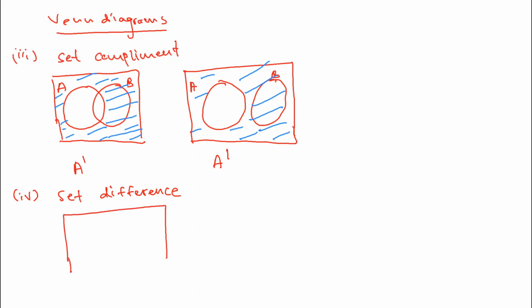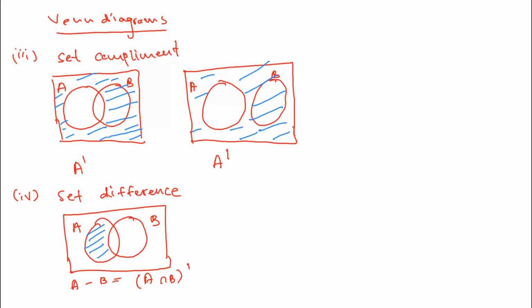So you have A and B as the two events. Let's say A minus B, which will be equal to A intersection B dash, which means this area.